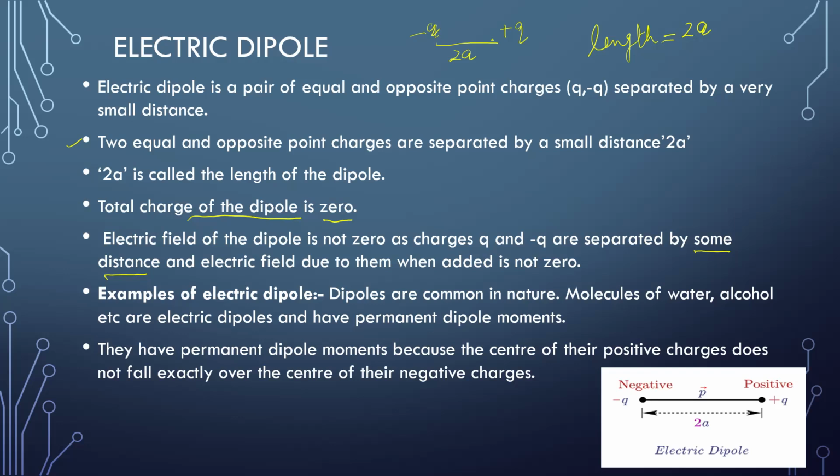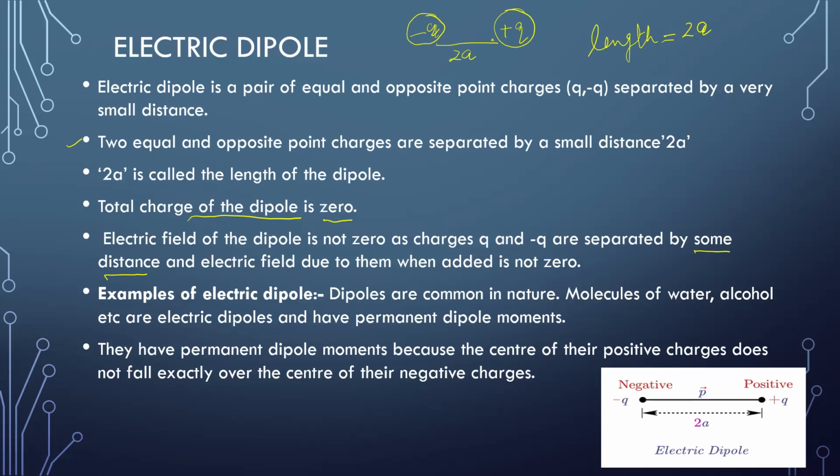So, we will find the electric field at a point due to minus q charge and due to plus q charge, using the formula for the electric field intensity due to a point charge, and then with the help of the principle of superposition we will find the total electric field at a point due to the dipole.